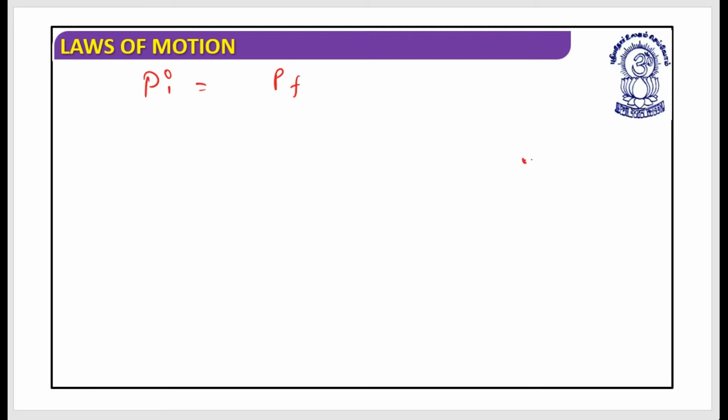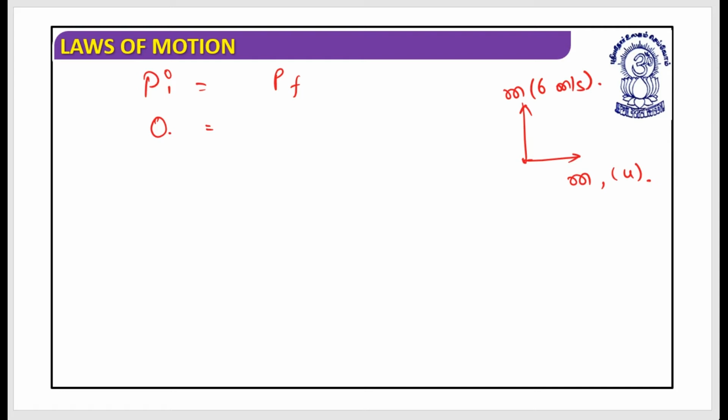One of the particles has gone in this direction with a velocity of 4. Another particle has moved in this direction with a velocity of 6. Initially the momentum was 0, so finally it should also be 0.